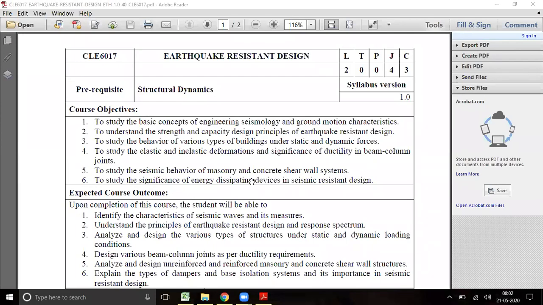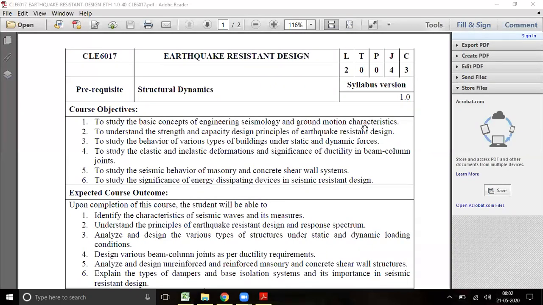The main course objective of this course is to study the basic concepts of engineering seismology and ground motion characteristics, because we are dealing with earthquake resistant design, not the vibration studies in general, but particularly in specific.